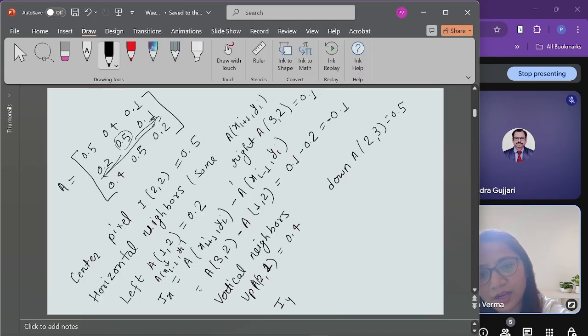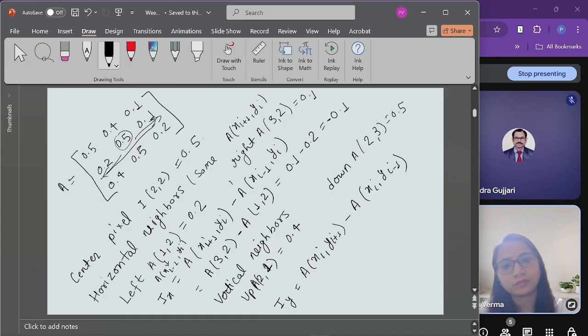And in the y direction, this one is I at x_i, y_i plus 1 minus I at x_i, y_i minus 1, right? So this is I at x_i, y_i plus 1, and this one, the upward, is I at x_i, y_i minus 1.